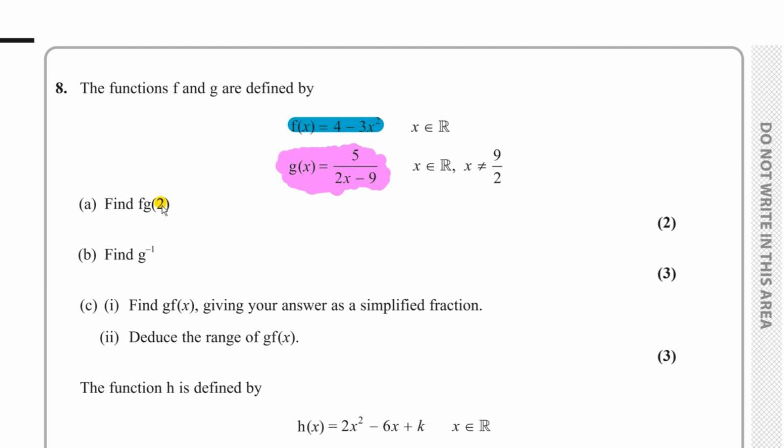To do this question, we can find out what g of 2 is and then substitute that result into f. So, for part A, g of 2 will equal 5 over 2 multiplied by 2 subtract 9. And therefore, we have 5 over minus 5, which is negative 1.